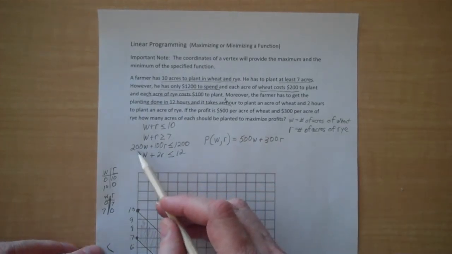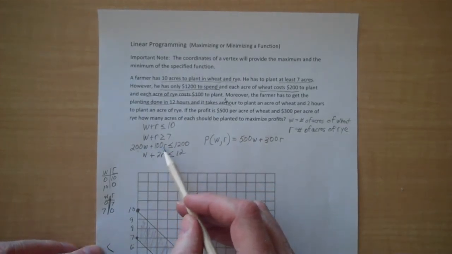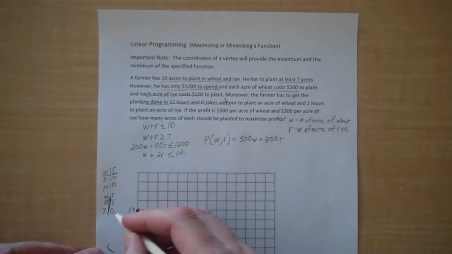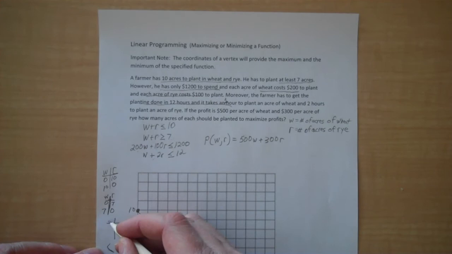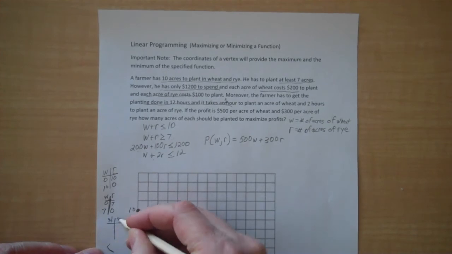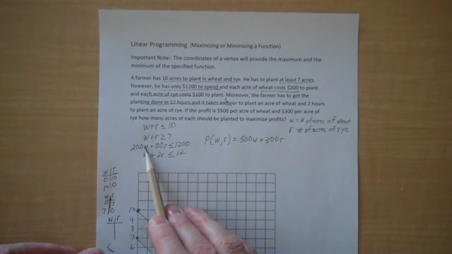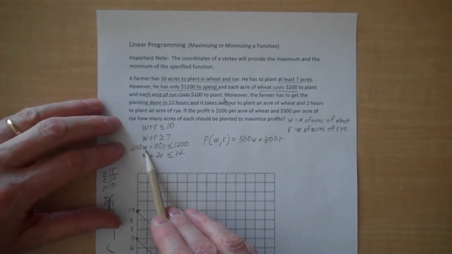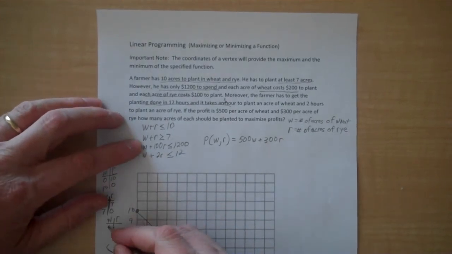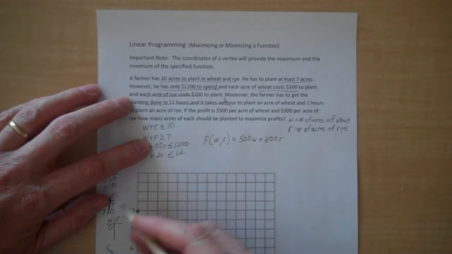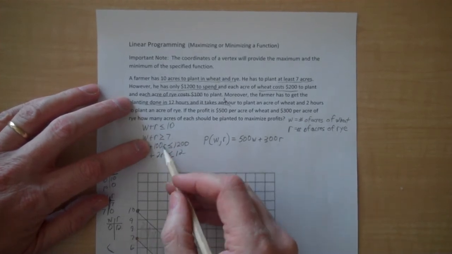The next constraint is 200W plus 100R is less than or equal to 1200. If I plant no wheat, I could plant up to 12 acres, 1200 divided by 100. 100 times 12 is 1200.